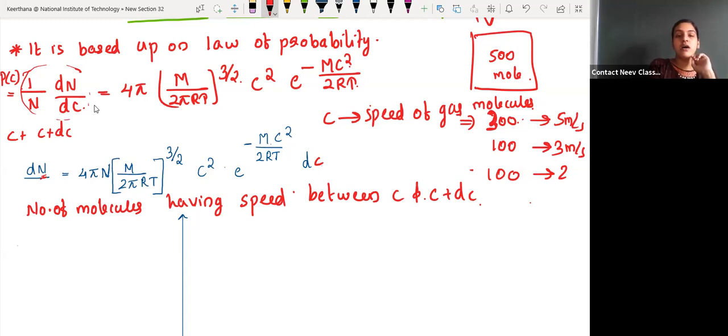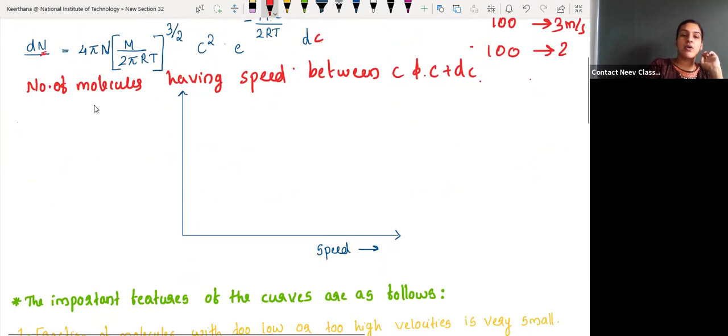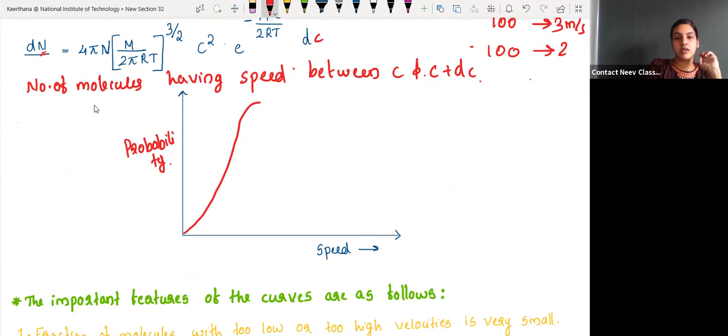They wrote a curve between probability and speed. The curve nature is like this.